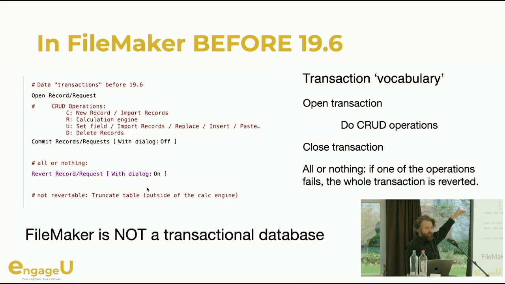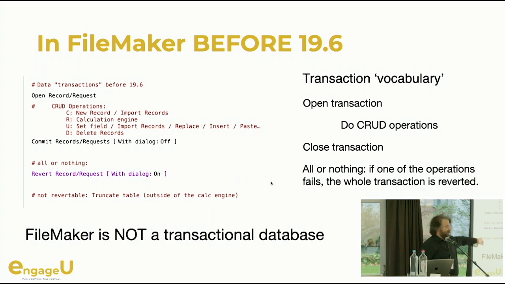We can open a record. The easy way to open a record is to start typing in the field, but you can open a record without doing that, using the script step. Then we do our CRUD operations, and then we commit the record, or we revert. This is the FileMaker vocabulary for doing all these standard transactional database things.